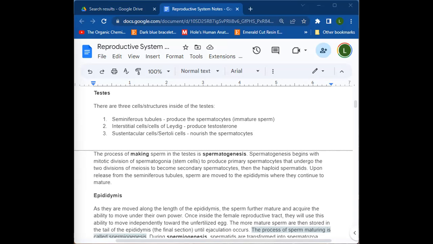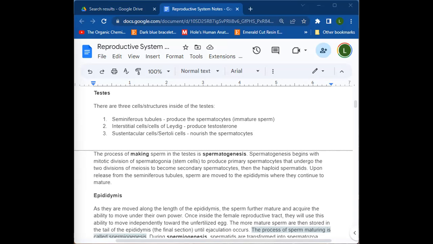The process of making sperm in the testes is called spermatogenesis. Spermatogenesis is the process of making sperm, and that's what occurs in the testes.